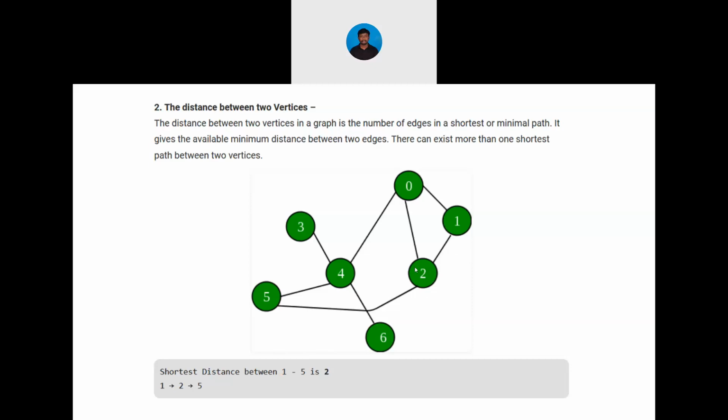There may be another path for reaching the particular vertex, but we have to find the shortest distance. I think we have studied this in our previous classes also. This is called the distance between two vertices.